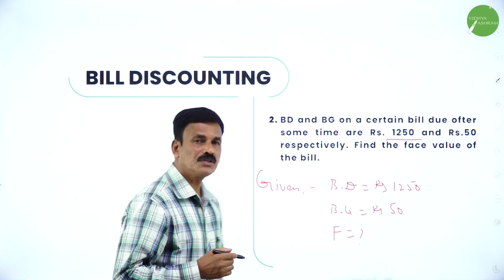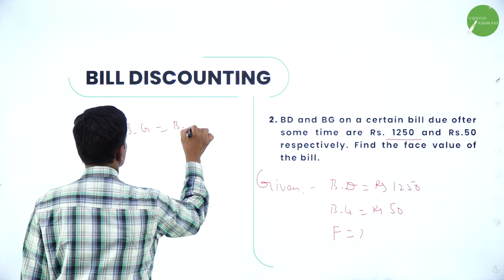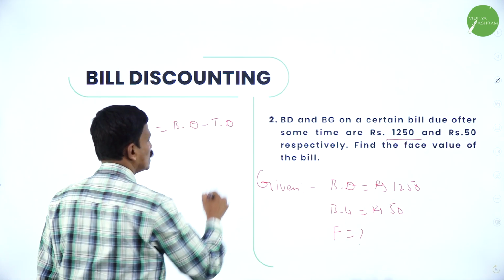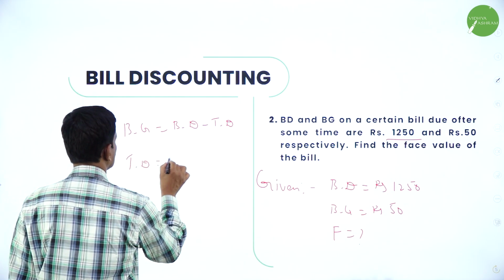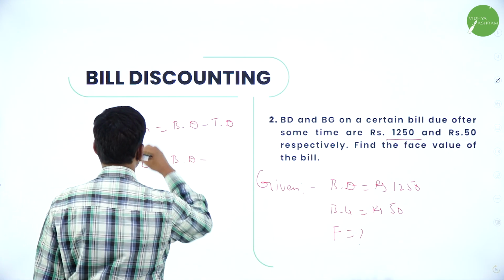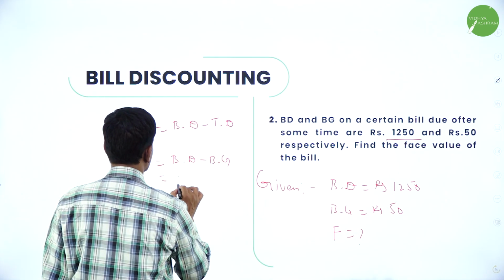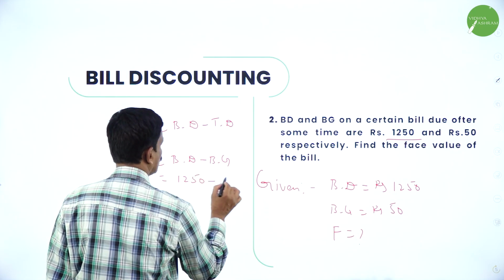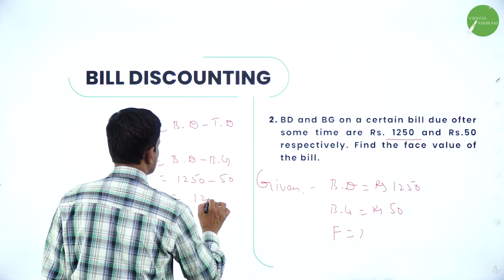Now we know that BG is equal to BD minus TD. Now just find out TD from this. TD is equal to, just keep BD here itself, BD minus BG. What is BD? 1250 minus BG, which is 50, that's equal to 1200.